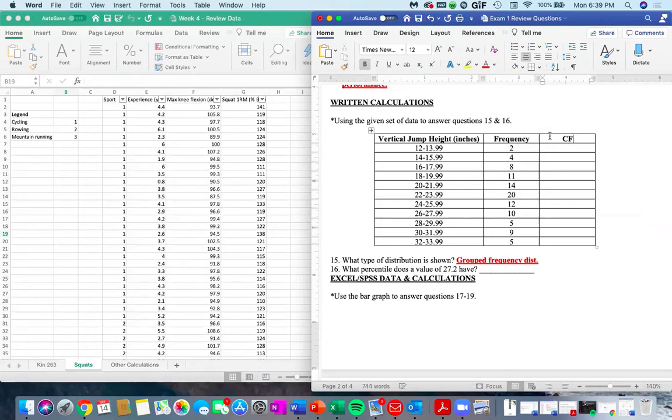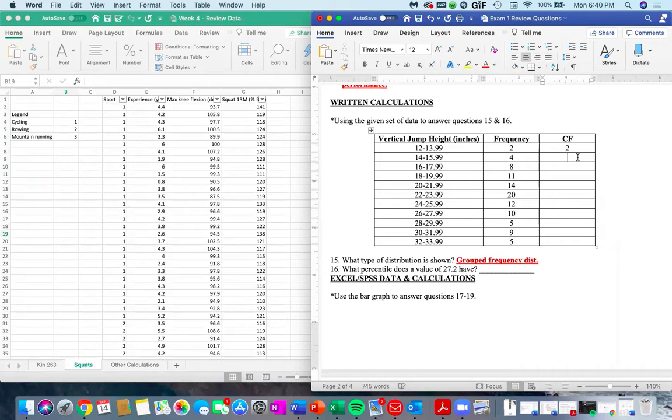That's important. Okay. How do we figure out what the cumulative frequency is? We just add the numbers as we go down. And where would we start? At 2, the frequency of the lowest measurement in this case. And then we add on to that.